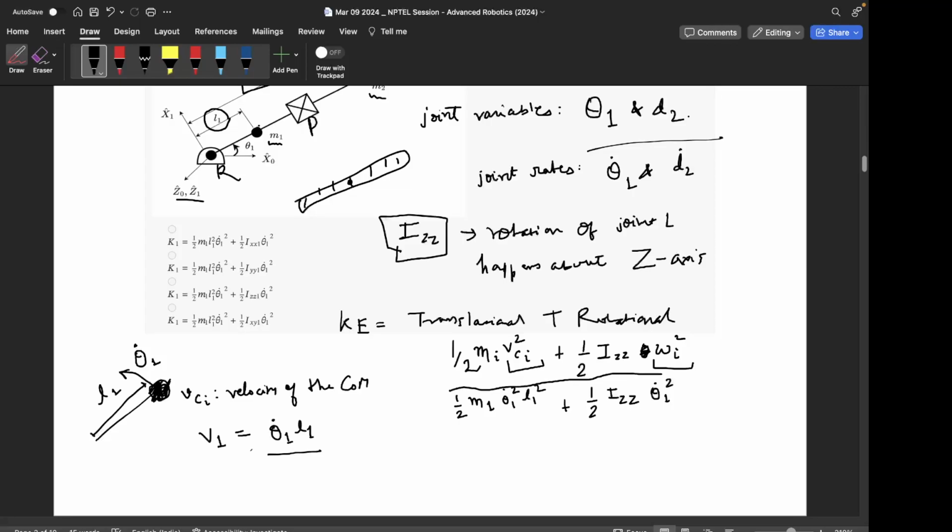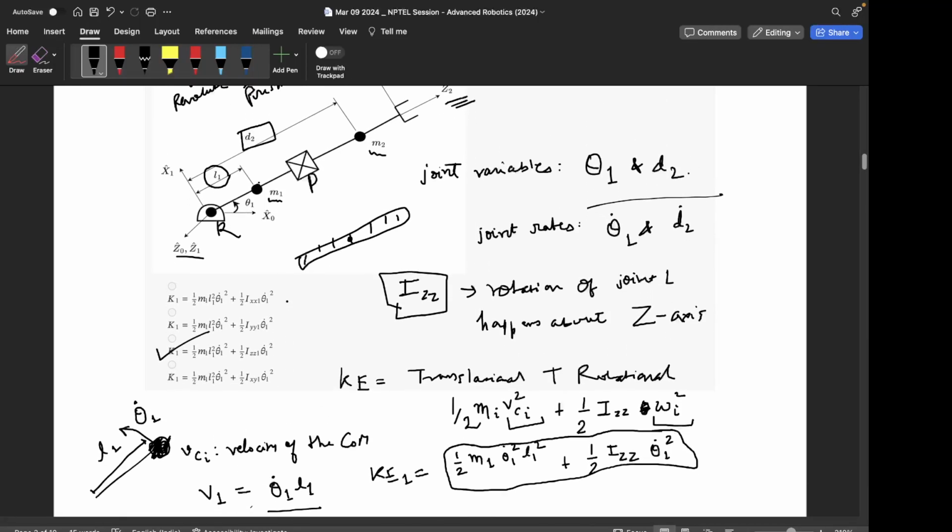So this is the kinetic energy of the first link. Okay, so the answer comes out to be half m1 L1 square θ1 dot square plus half izz1 θ1 dot square. Okay, so the first term is the same in every one. So this is C, right?